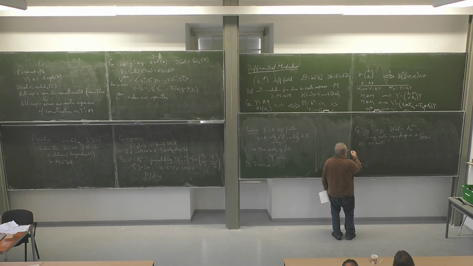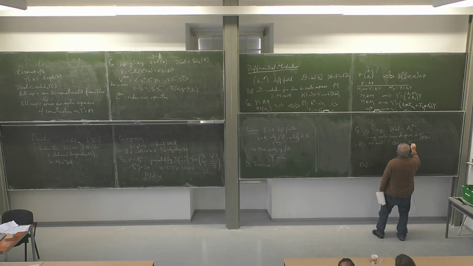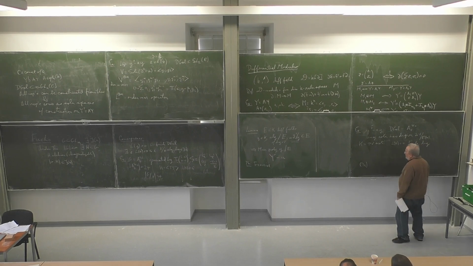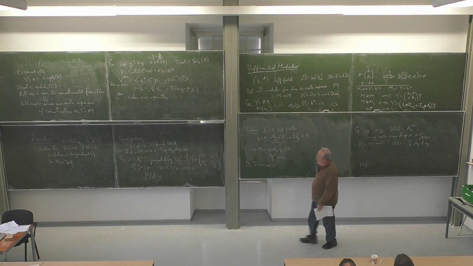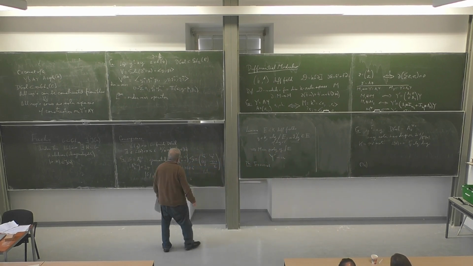I take my solution, let's call it z, z prime over z, algebraic of degree 6.